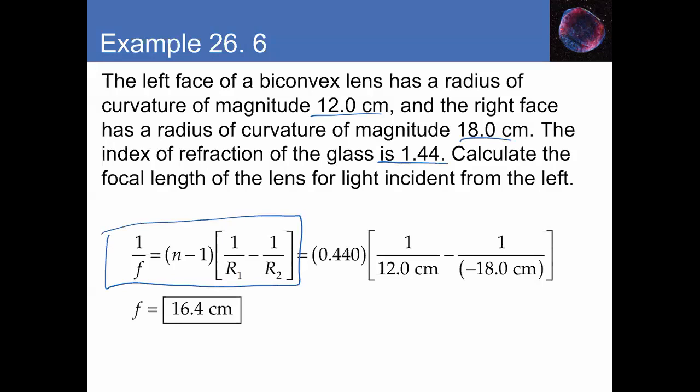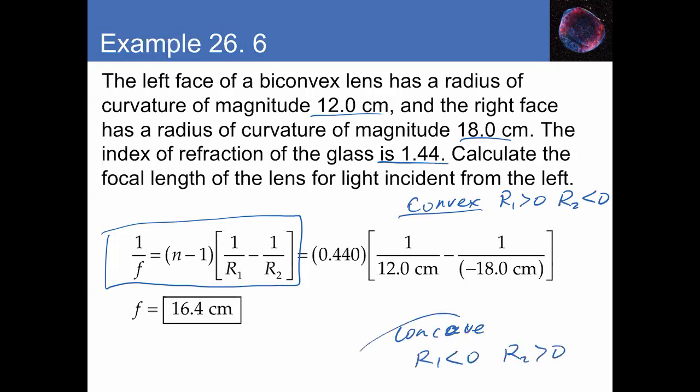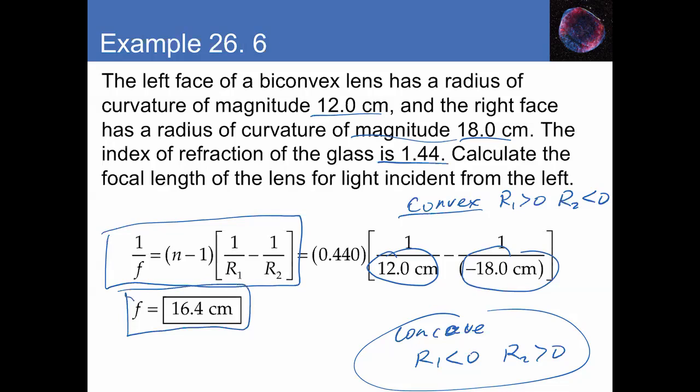Remember, for a convex or converging lens, R1 is positive, R2 is negative, always. And if you have a concave lens, then it's opposite: R1 is negative and R2 is positive. Because we have a convex lens, R1 is 12 centimeters, and R2, given the magnitude 18, we plug in negative 18 and calculate the focal length of 16.4.